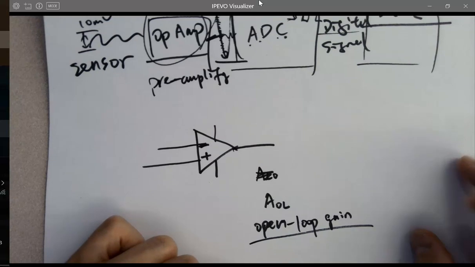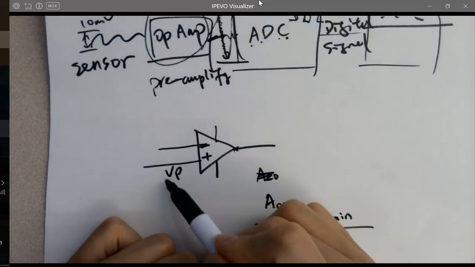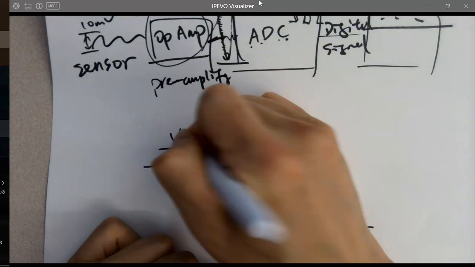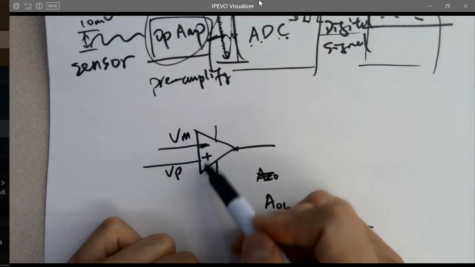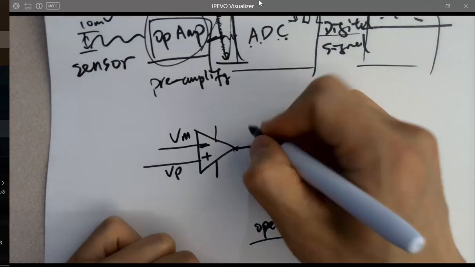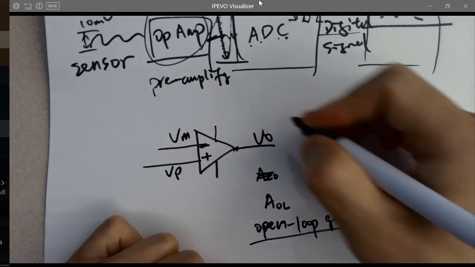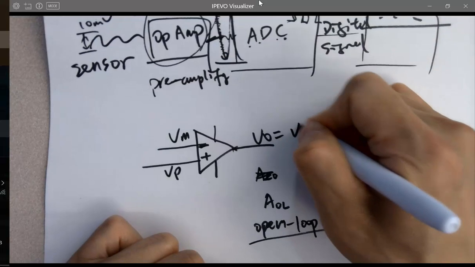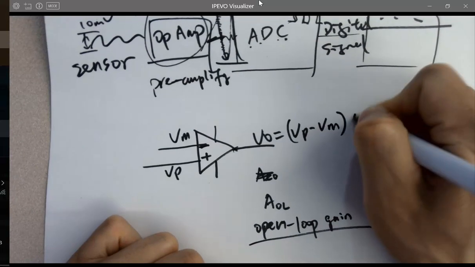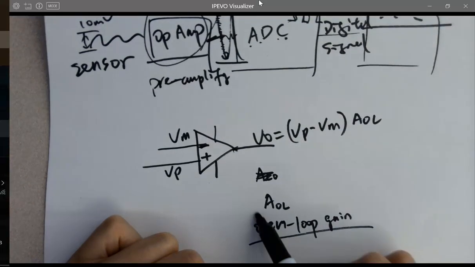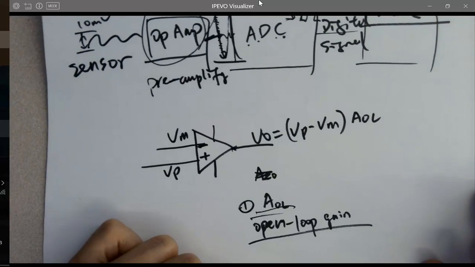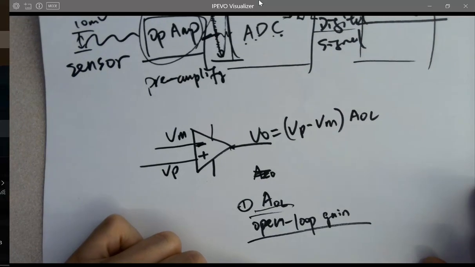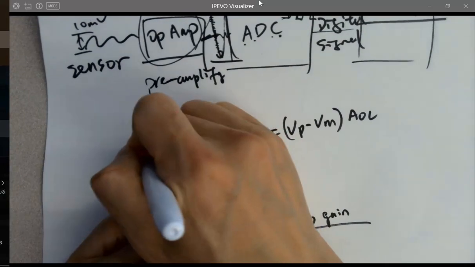Okay, open loop gain. VP, P positive, VM minus, plus minus, right? V plus, V minus. And this is V out, okay? So V out equals, if I don't have any feedback, VP minus VM times AOL. So what is AOL? Open loop gain, concept number one. You're thinking, why is this important?